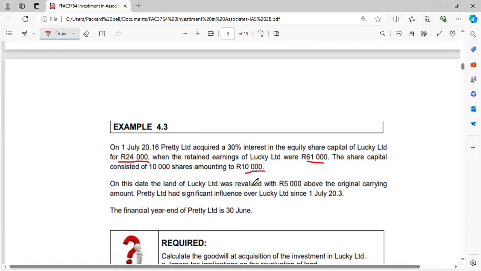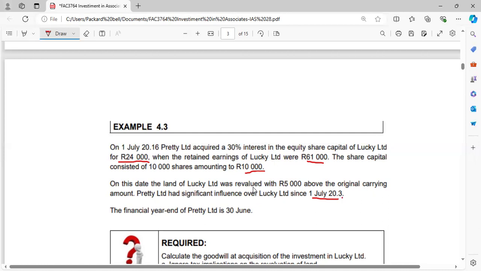On this date, the land was revalued 5,000 above the original carrying amount. Prit Limited had significant influence since 1 July 2013.